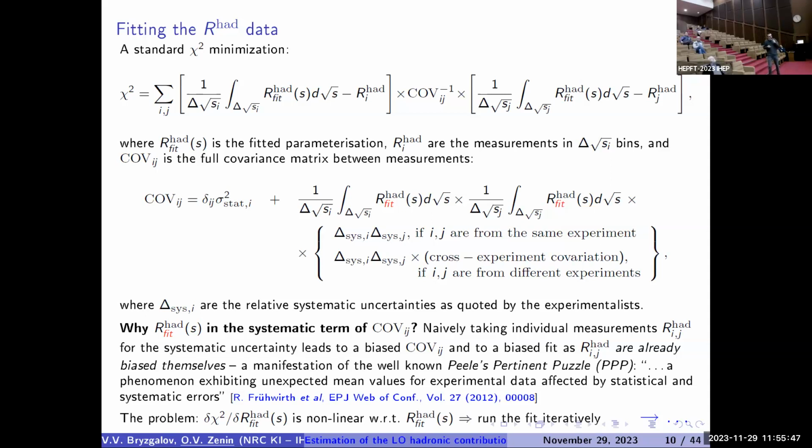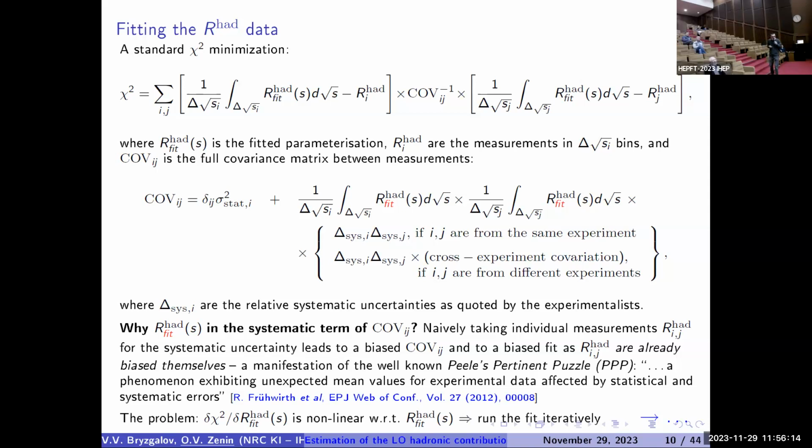There is a quite delicate issue related to the construction of the covariance matrix. If we compute systematic errors entering the covariance matrix directly from individual experiments, we'll get a biased covariance matrix.